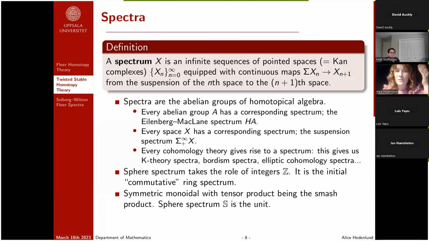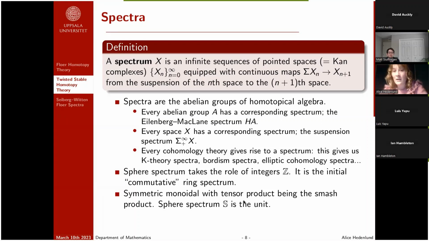Another point here is that there's a symmetric monoidal structure on the category of spectra, with the tensor product being called the smash product, and the sphere spectrum is the unit of this. You should take this with a grain of salt: with this definition of a spectrum, this point isn't really true. There was a huge bunch of work in the 90s done to actually get a symmetric monoidal category of spectra.